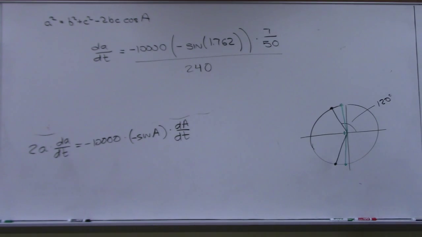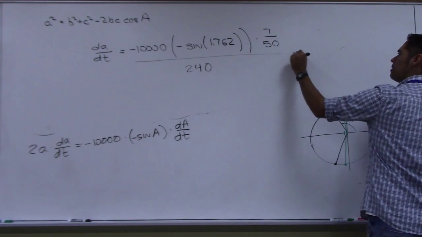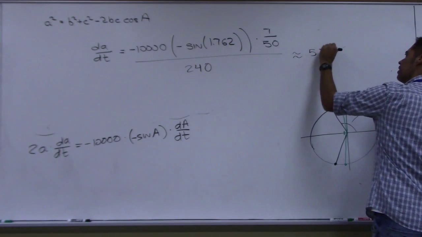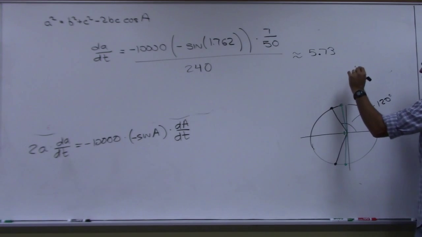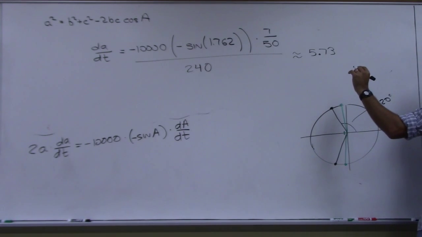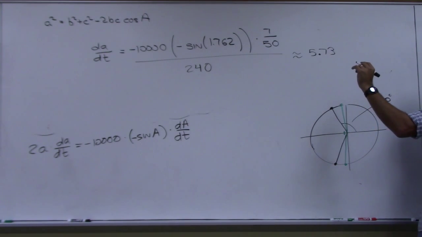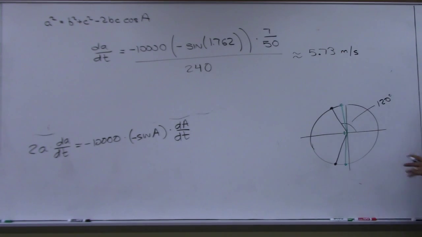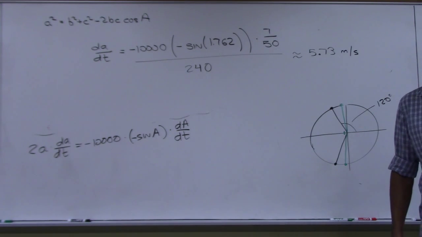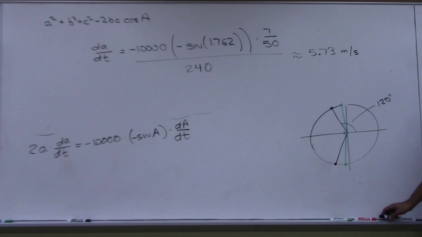Yeah, this looks like it's coming out to be about 5.73. How fast was she running? Was it feet or meters? It was meters per second. Was it 7 meters per second? She is moving. It's Olympic quality there.